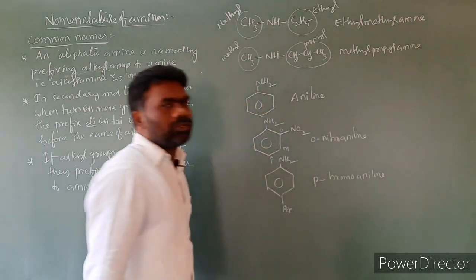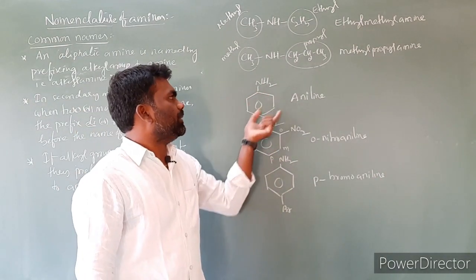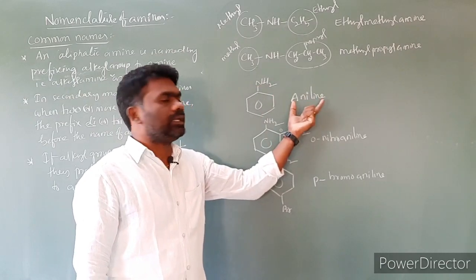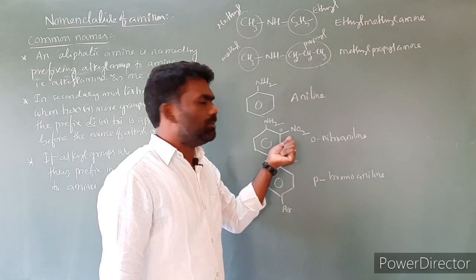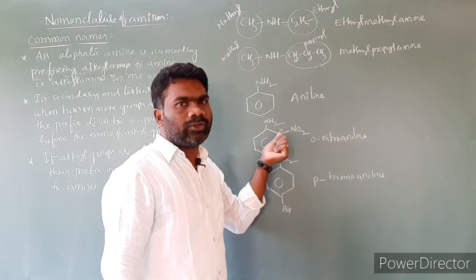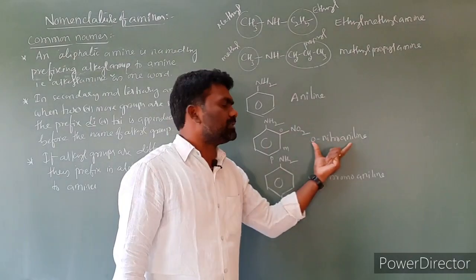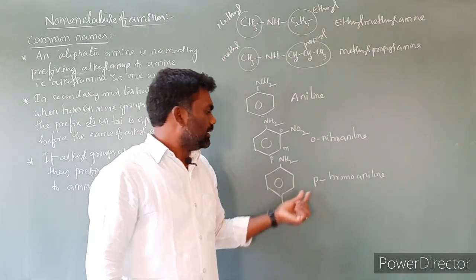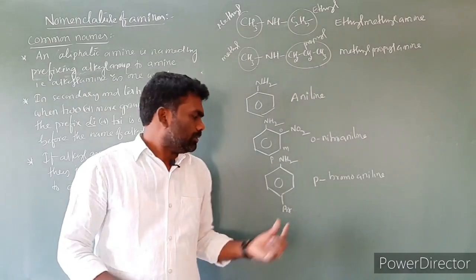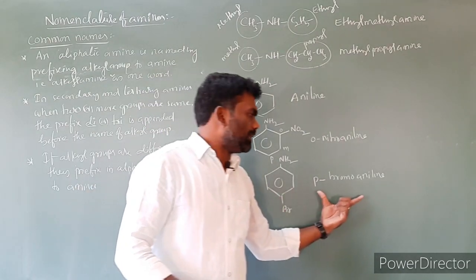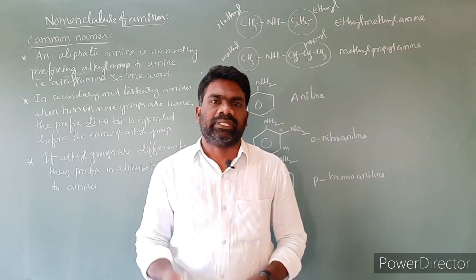So this is the method to write the common names of aromatic systems. Upon the benzene, the NH2 group we call aniline, and wherever a substituent is present in a common name, we label it as ortho, para, meta. If the NO2 group is present here, we label it ortho nitroaniline. If bromine is present at the para position, we call it para bromoaniline. So these are the common names of amines.